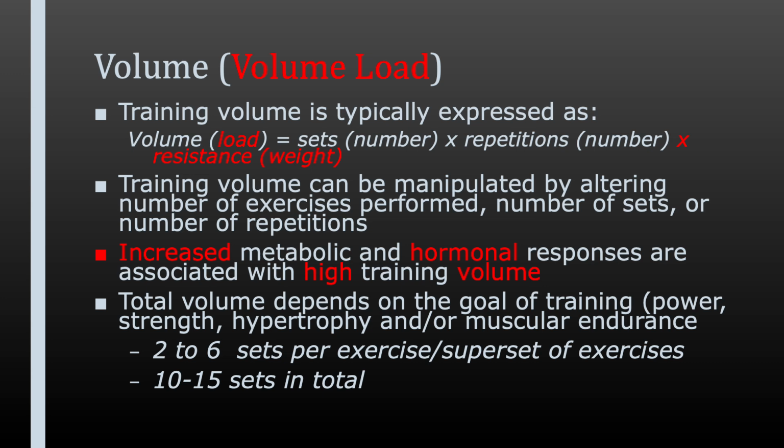That is, volume should be reduced if significant increases in intensity are prescribed. High intensity, meaning closer to that 100 pound mark, the lower the volume we will have. We can find our total volume load by multiplying sets and reps and the weight together.